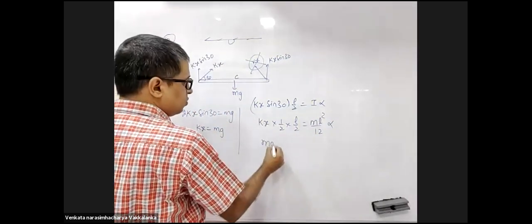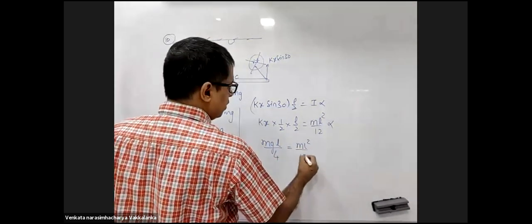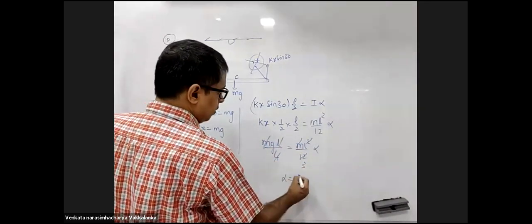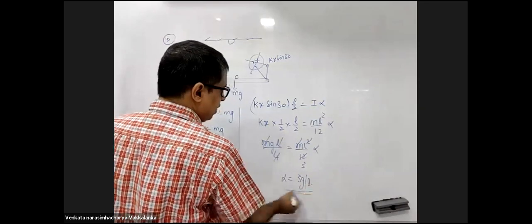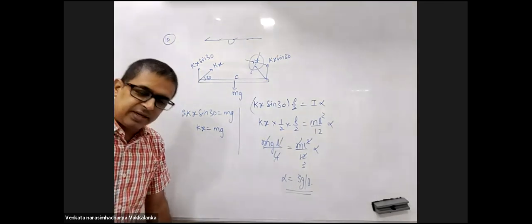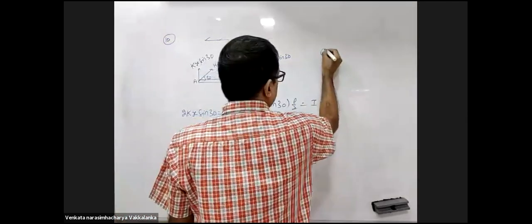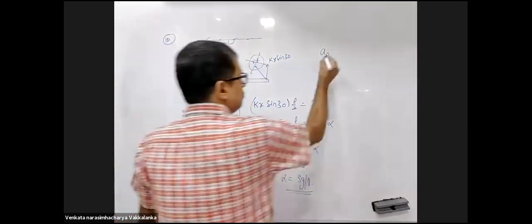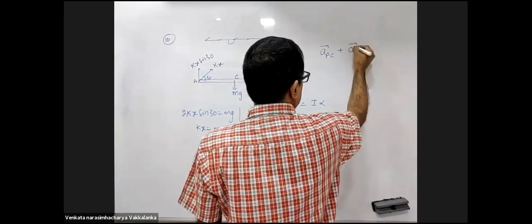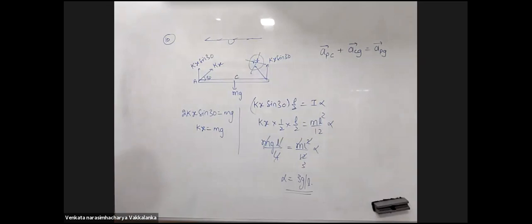How much is kx? mg. So mg into L by 4 is ml square by 12 into alpha. Alpha is 3g by L. Angular acceleration of the bar at that instant is 3g by L. Now acceleration of point P with respect to center of mass plus acceleration of center of mass with respect to ground is acceleration of point P with respect to ground.